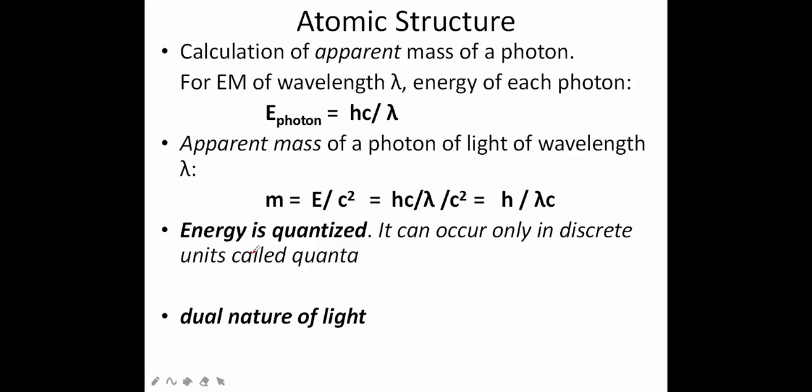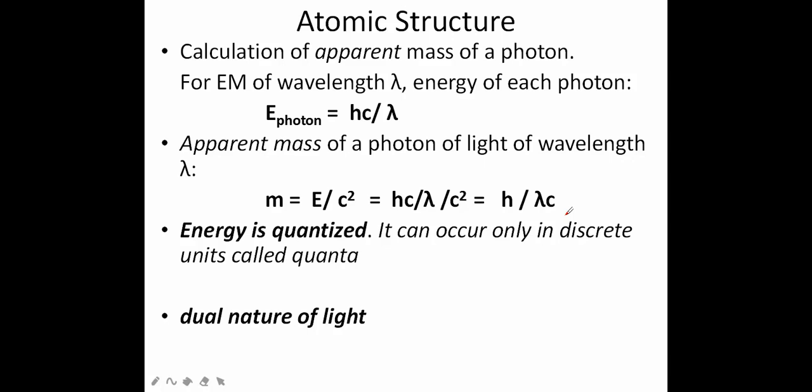Remember this E here is the energy, so we replace it with hc over lambda, and we have hc over lambda over c squared, which when you simplify gives you h over lambda times c. So when you want to get the mass of a photon, you need Planck's constant, the wavelength, and the speed of light. That is how you can find the mass.